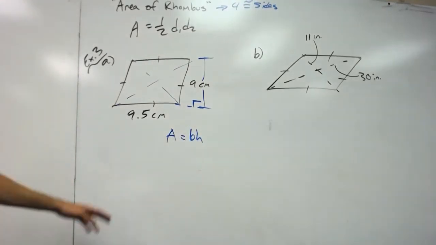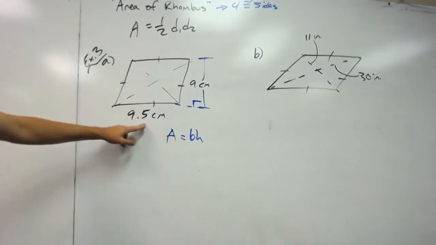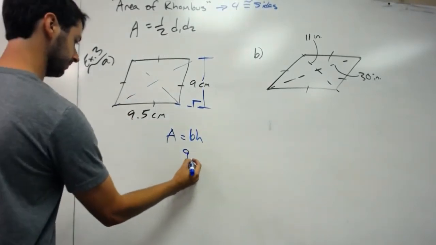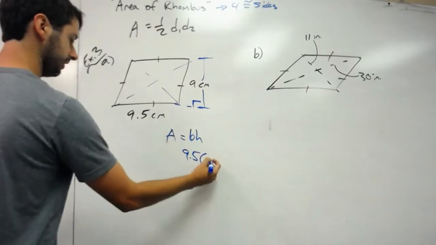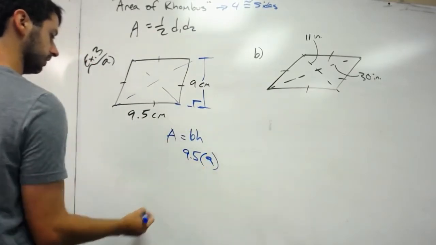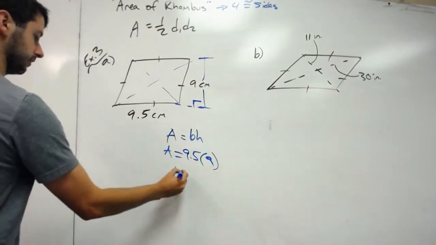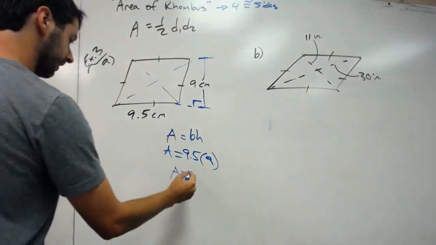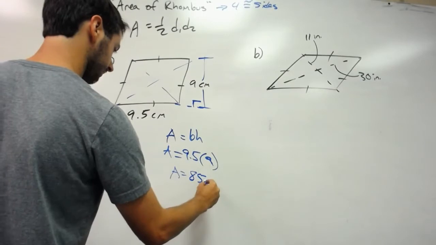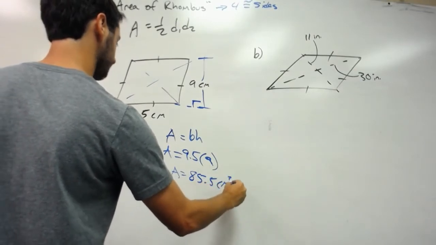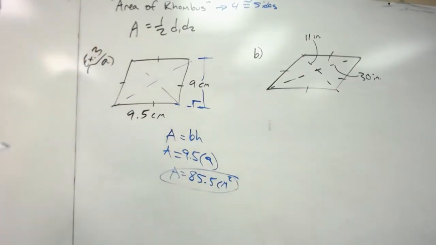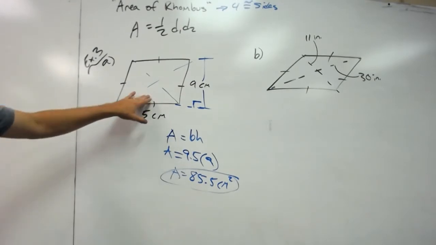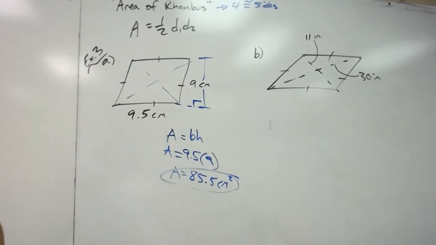So we can simply plug in 9.5 for base and height of 9, and then 9 times 9.5 would be 85.5 centimeters squared. That's just to show you that you could actually use either for a rhombus.